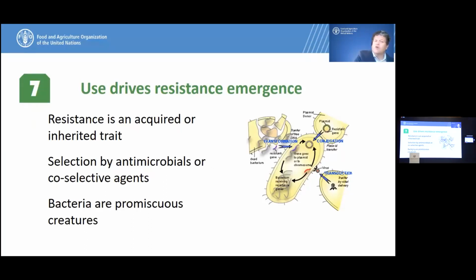Now, resistance is either acquired or inherited and is driven by selection or co-selection by antimicrobials or other co-selective agents because of the way that the genes are organized on plasmids or within the genome of the bacteria, such that, for example, heavy metals may co-select for antimicrobial resistance, or upregulation of an efflux pump may give you drug resistance for multiple different types or classes of antimicrobials.